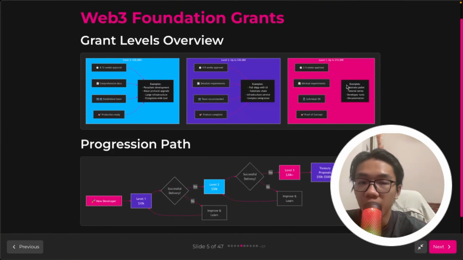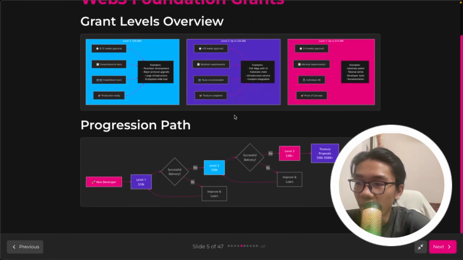Examples of ideas you can build in Level 2 are full stack DApps with a UI, Substrate chains, infrastructure services, and complex integrations. For Level 3, more than 30,000, you have major project development, protocol upgrades, large infrastructure, and ecosystem-wide tools. These must come from an established team, be production ready, with comprehensive documentation, and approval takes longer.